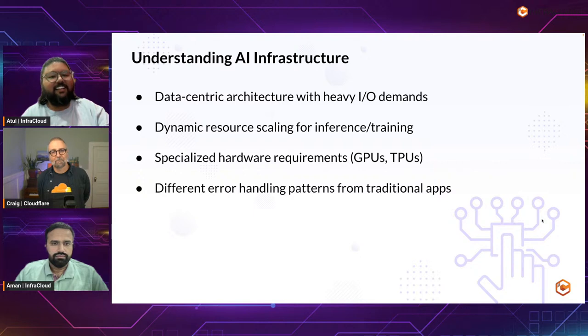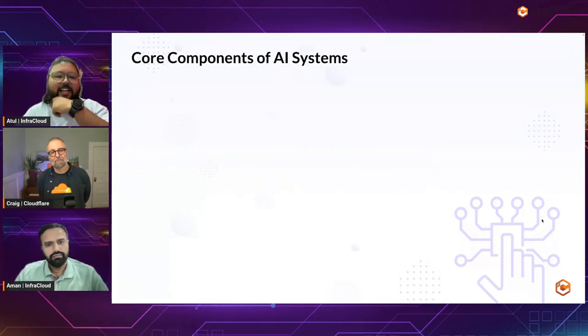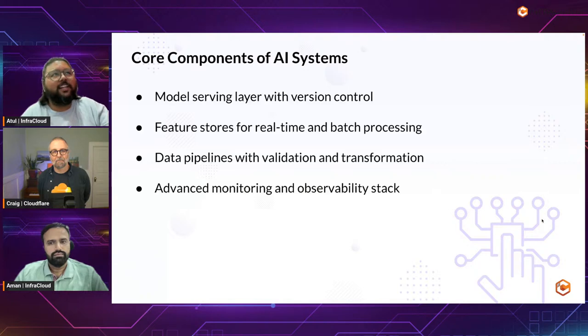Now, taking this to the next level, we spoke about the infrastructure layer, but there are a lot of components built on top of it. Craig, why don't you tell us what are some core components that are part of an AI system, which absolutely differentiate it from anything else?